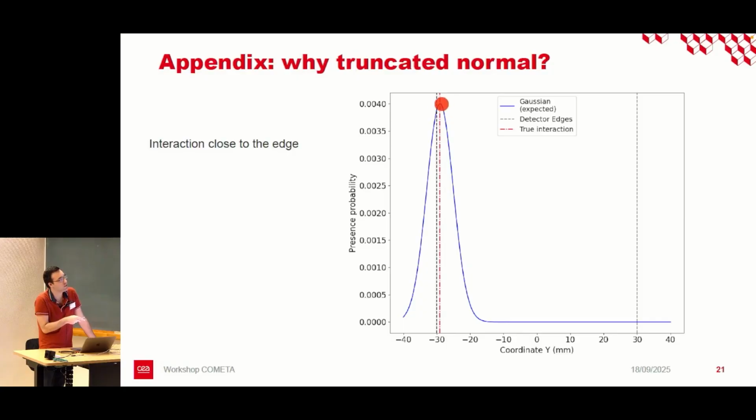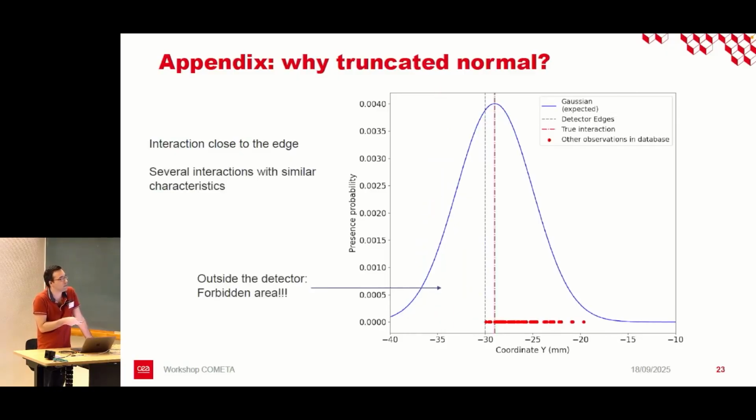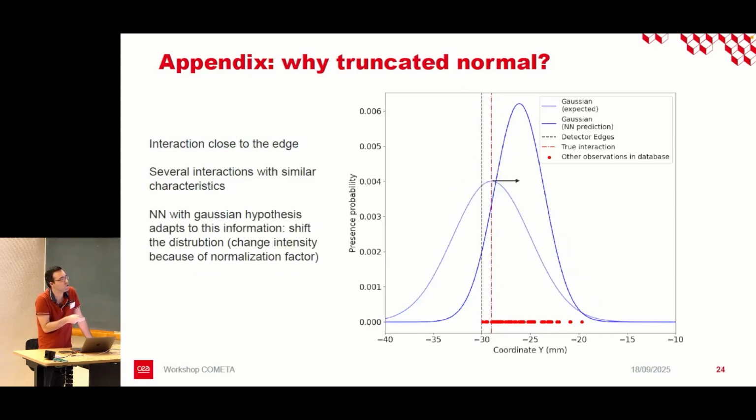If we have a Gaussian hypothesis, we expect that there is a probability to have something outside of the detector. We assume that it's possible, but actually it's not possible by physical knowledge, since all the interactions happen inside the detector. So the Gaussian does not observe anything outside the detector. With a classical estimation, you say, oh, the mean is not here, we should have something somewhere here.